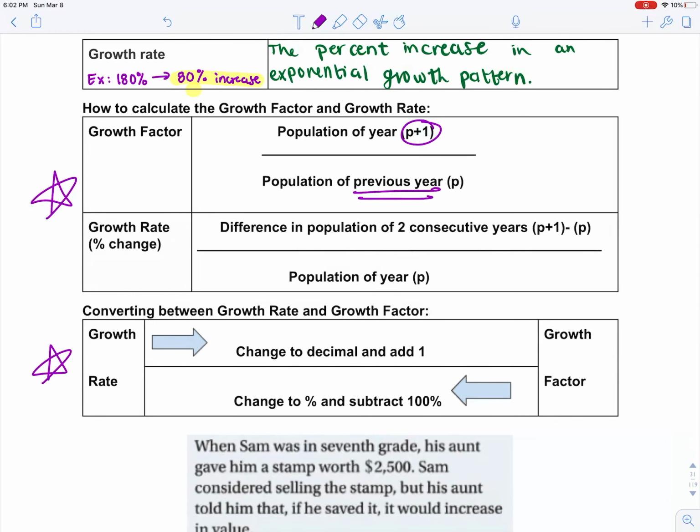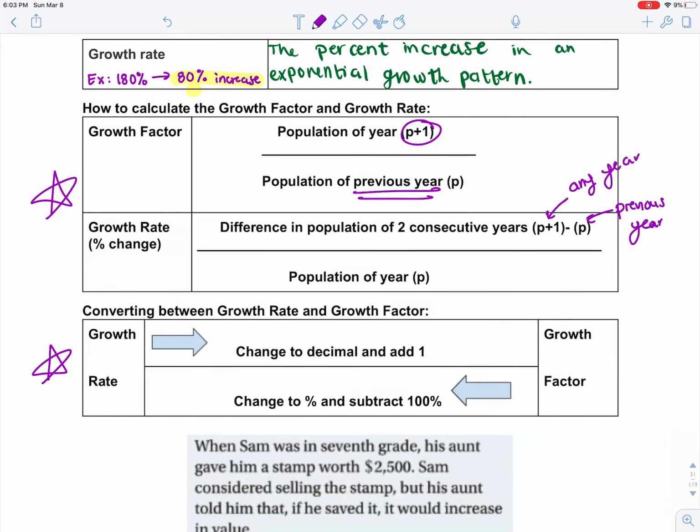This says you're going to find the difference in population of 2 consecutive years. That means we're going to take the y values of 1 year and the previous year, and subtract the two. So I'm going to say that P is the previous year, and this is the y value at any year.